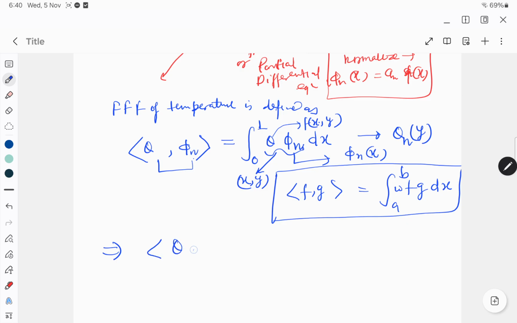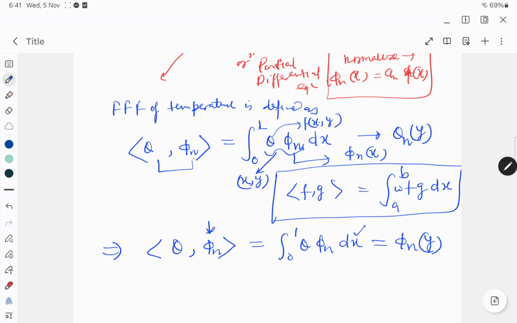So theta, and phi n is the basis function. For the FFT you must already have the basis function. Then you take the inner product and you get the integral from 0 to 1 of theta phi n dx, and this would be nothing but theta n, a function of y, because with respect to x you have integrated and put in the upper limit 1 and lower limit 0.